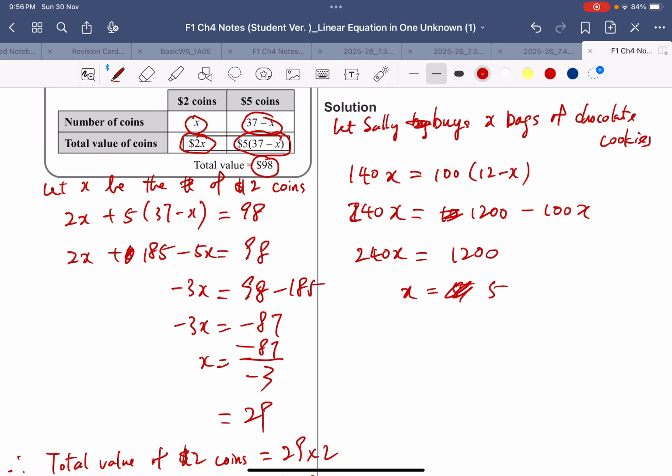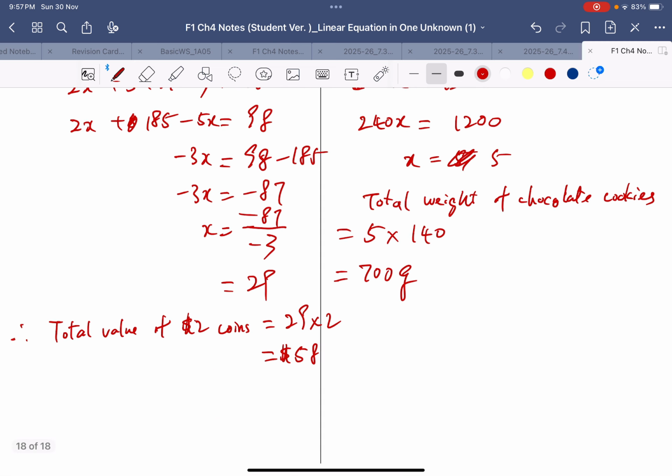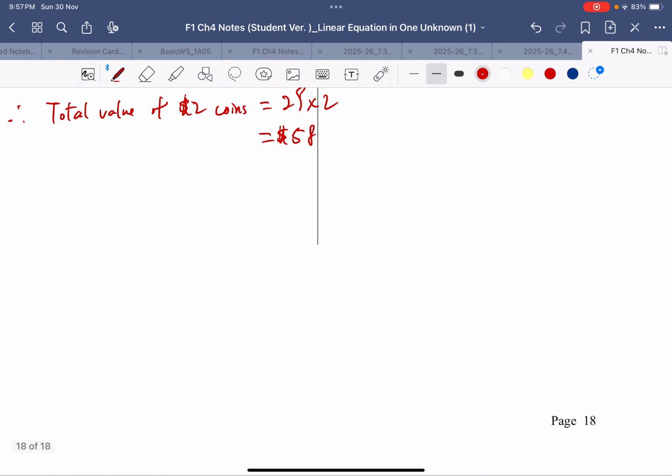Okay, and then the total weight of chocolate cookies is equal to 5 times 140, 700 grams. Oh, that's the end.